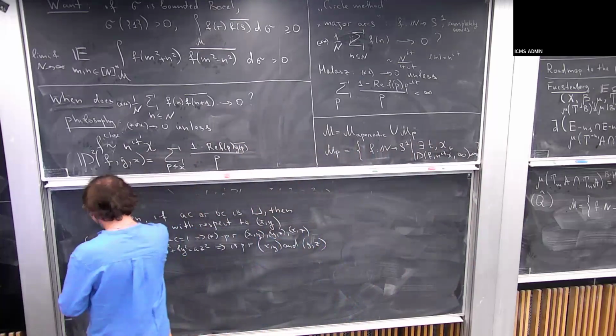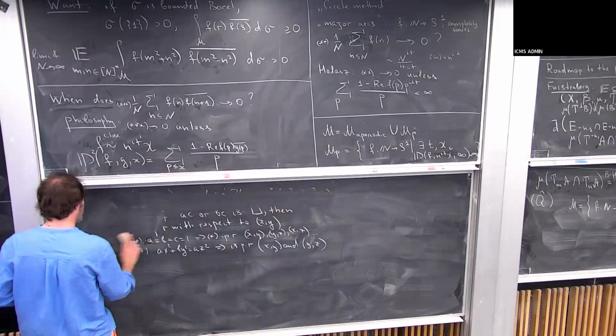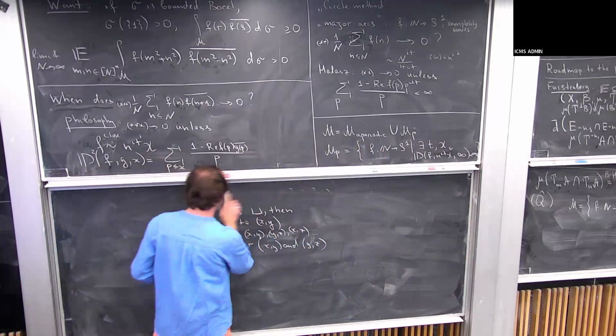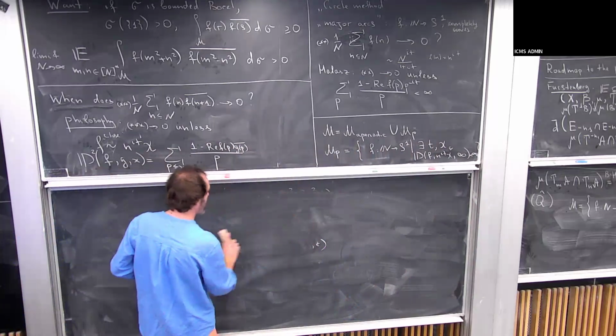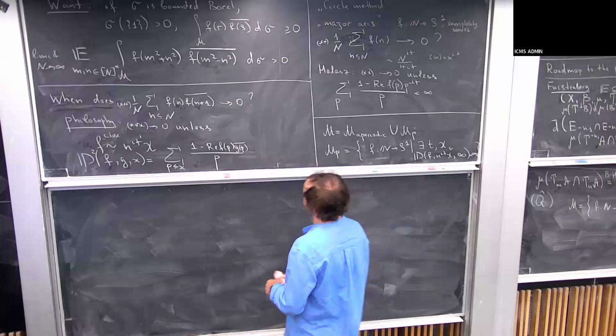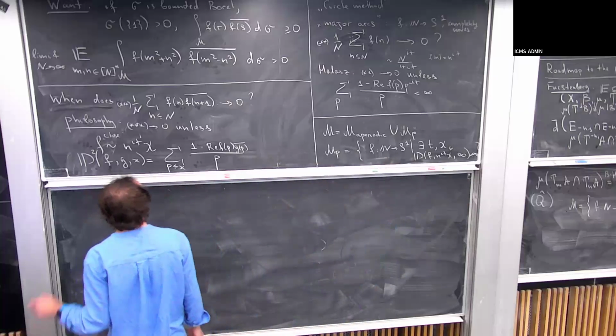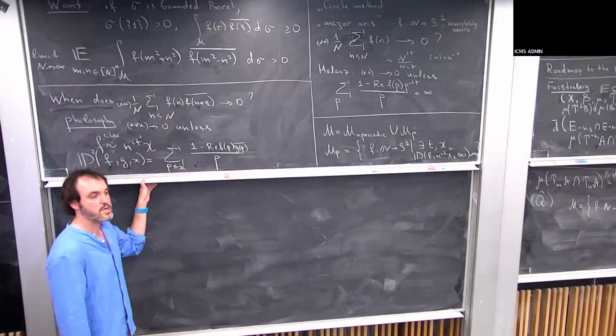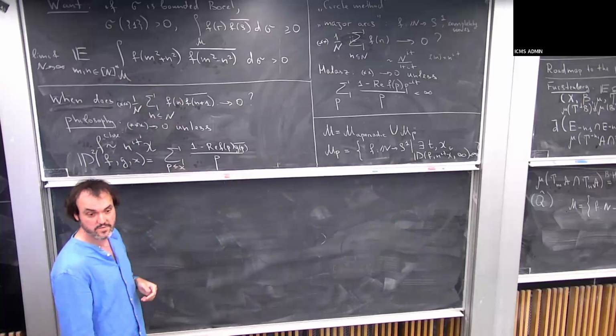Okay, so now I will state two theorems about how we handle the major and the minor arcs. So the idea is, of course, to prove that on the minor arcs these averages converge to zero, and on the major arcs they converge to something which is positive.